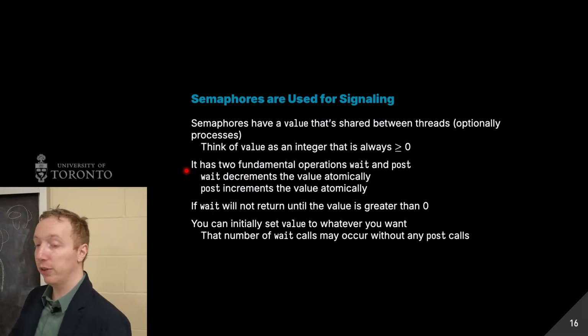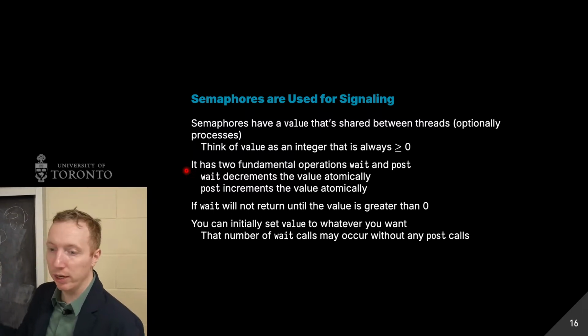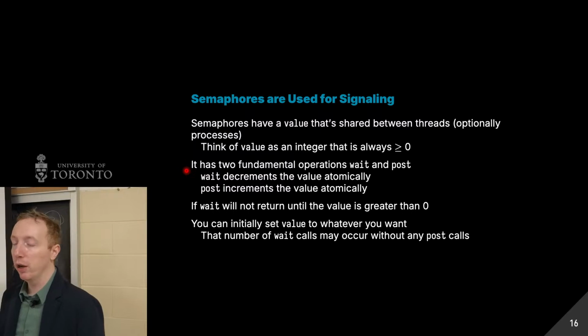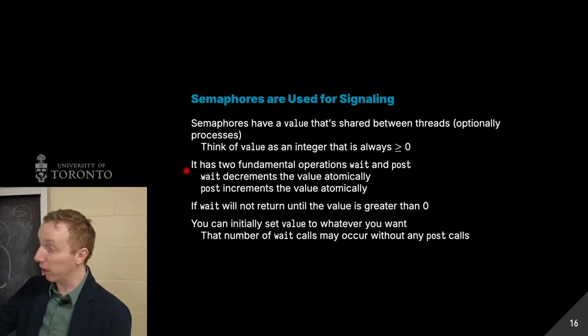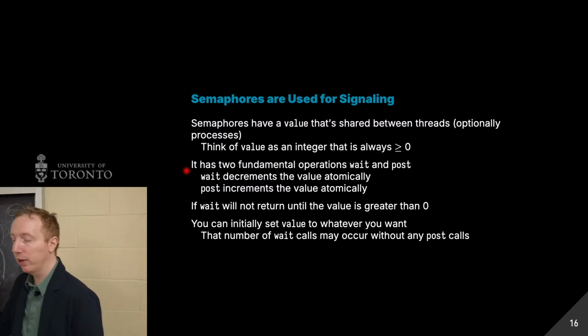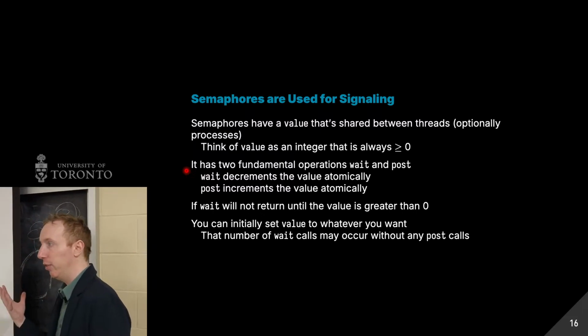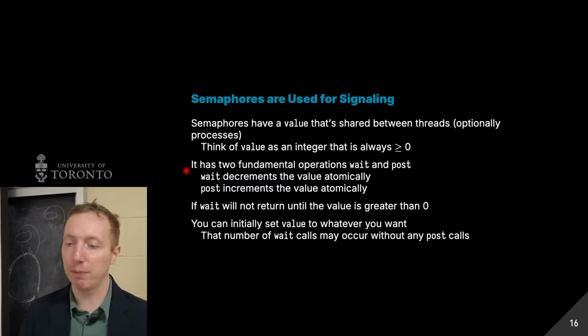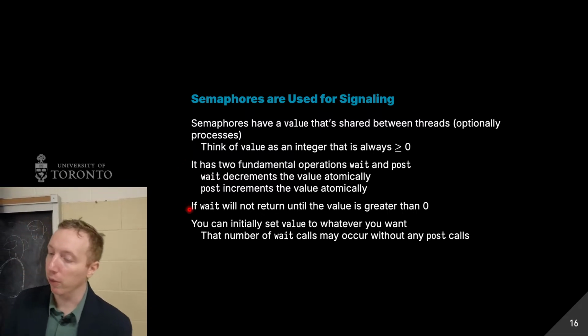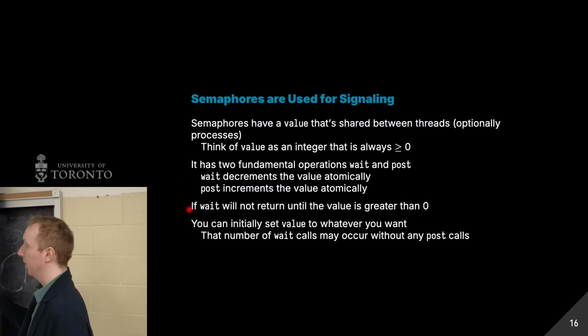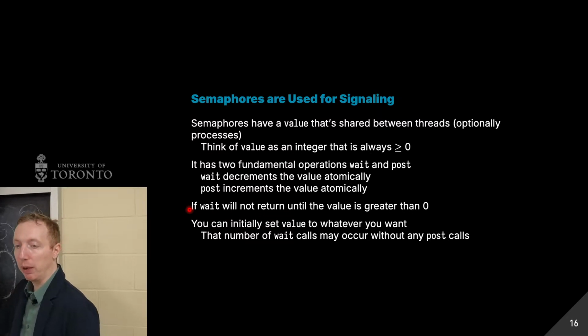So a semaphore, just think about it as just an integer, and the wait function will decrement that value atomically, and the post operation will increment that value atomically. And that's basically all there is to it, except for one simple rule. So wait blocks until that value is greater than 0.